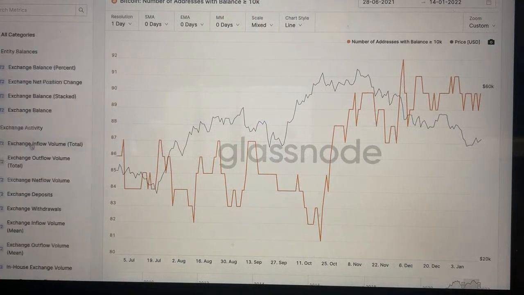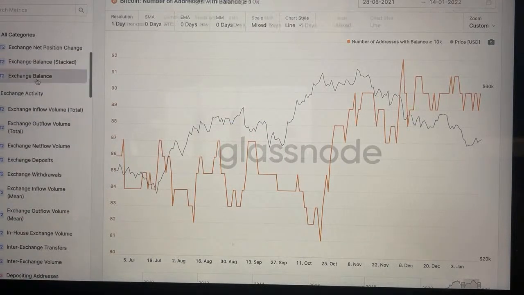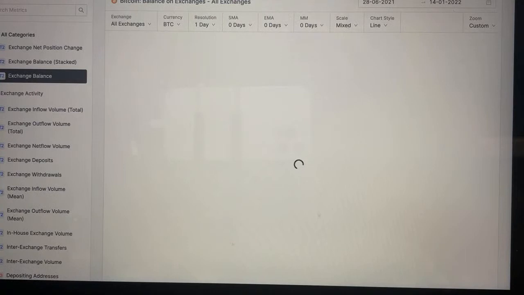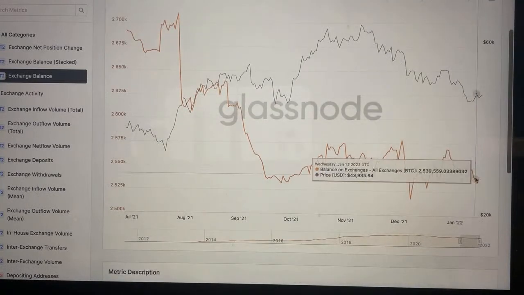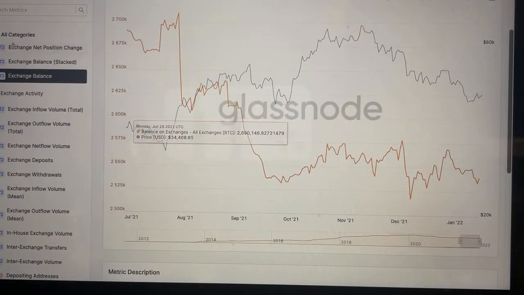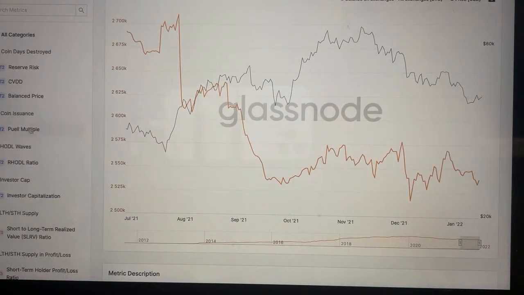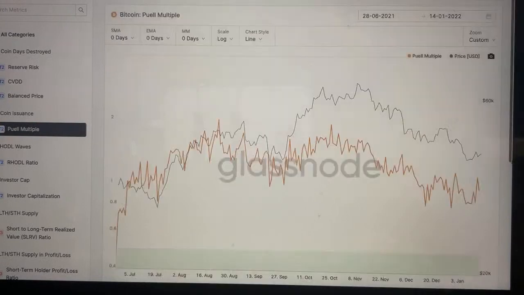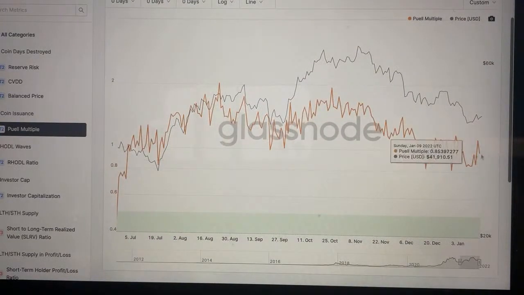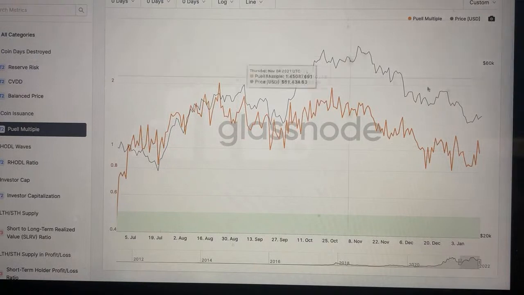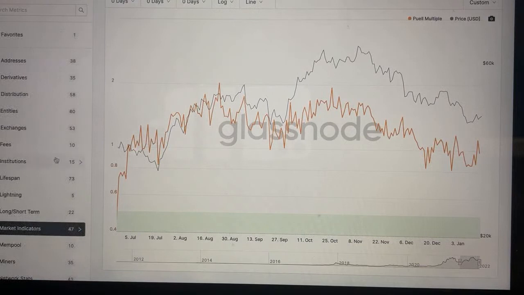For example, we can change exchange balance. We can check exchange balance. It's moving down a little bit, nothing really special, and I'm really curious about pool multiple. I hope this pool multiple moves down, okay, because if pool multiple moves down to this green area, we are going to see some huge bounces in cryptocurrency market.